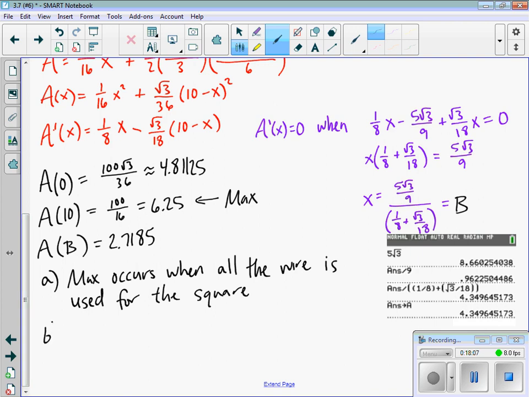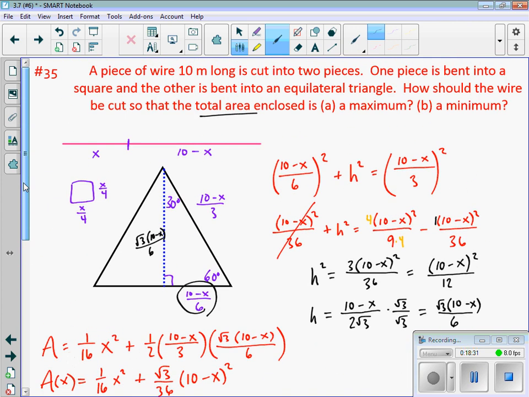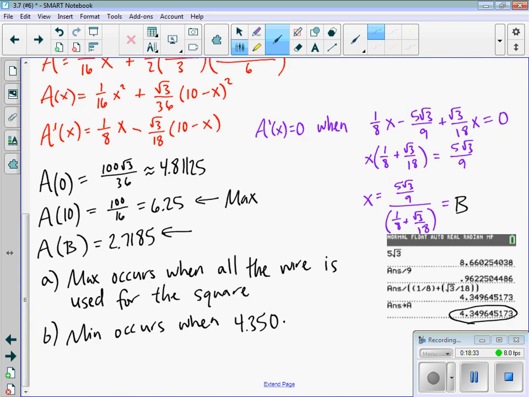Okay, and then part B is talking about the min. So where does the min occur? Yeah, so at B here, so when our B value was this here, 4.350 meters is used for the square, and the rest is used for the triangle.